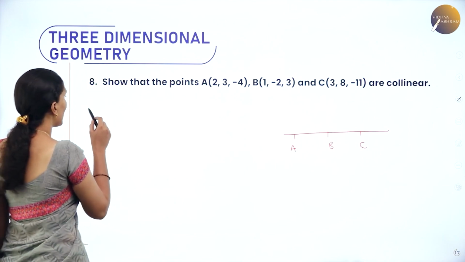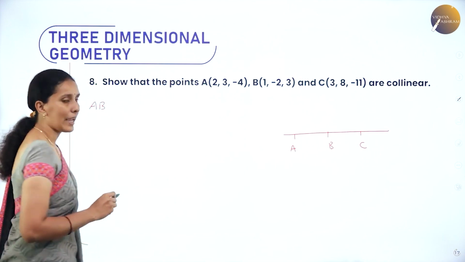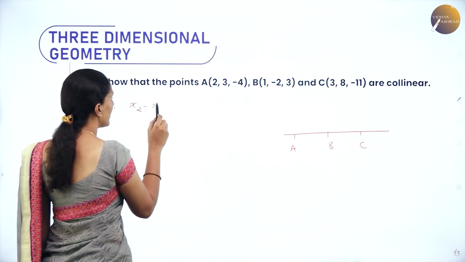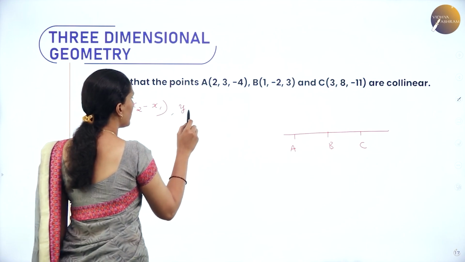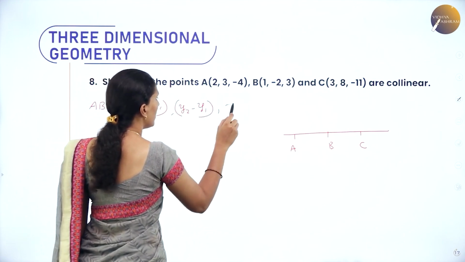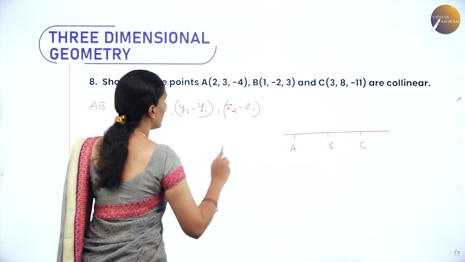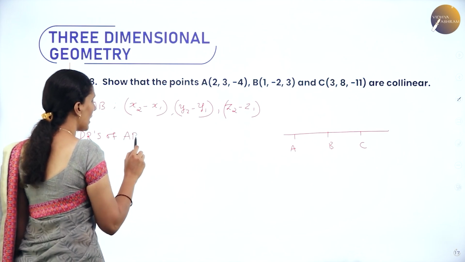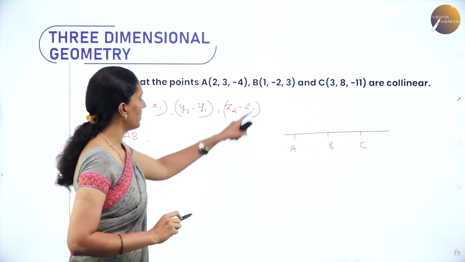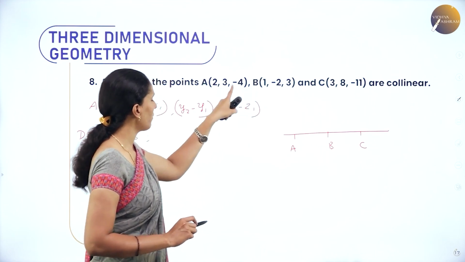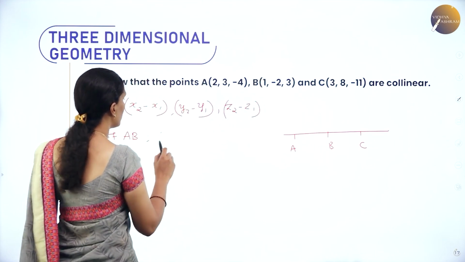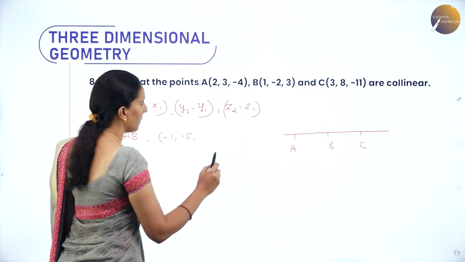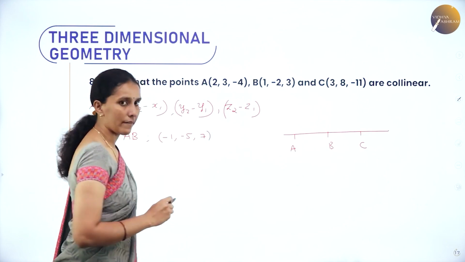Now we'll take line AB. What are the direction ratios I can get here? x2 minus x1, y2 minus y1, z2 minus z1. So for line AB, I take x2, y2, z2 and x1, y1, z1. 1 minus 2 becomes minus 1, minus 2 minus 3 is minus 5, 3 minus of minus 4 is plus 4, which is 7.